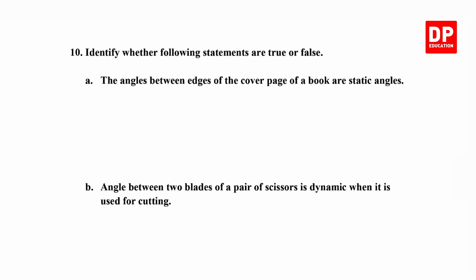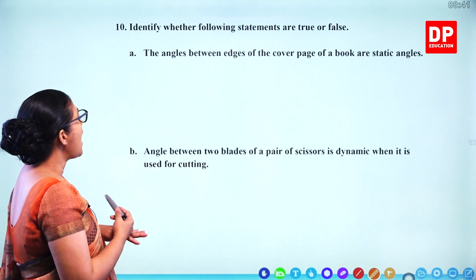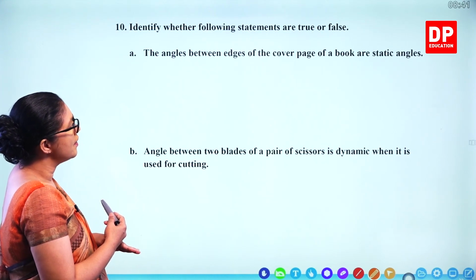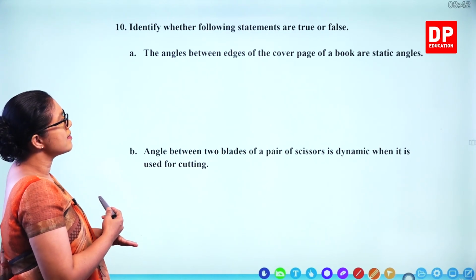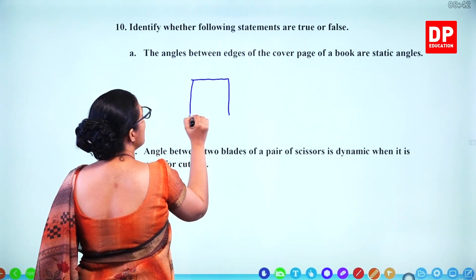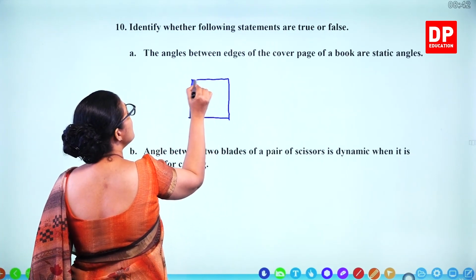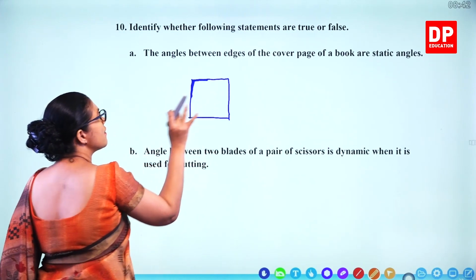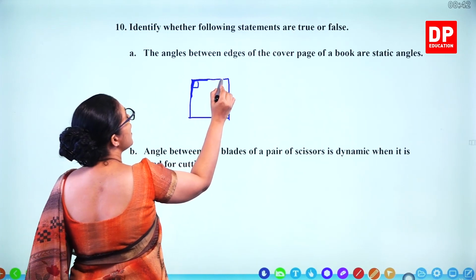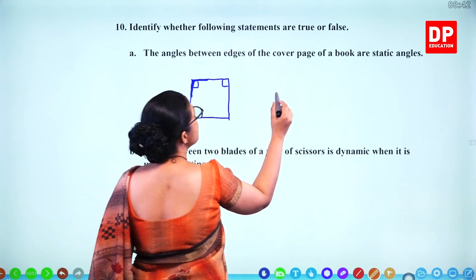Question number 10. Identify whether the following statements are true or false. The angles between edges of the cover page of a book are static angles. When you take the cover page, these edges are not changing. That's a fixed one. So that's static. So 90 degree angles are there. So that's true.